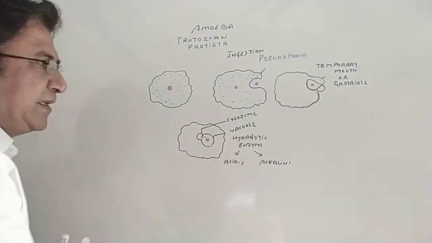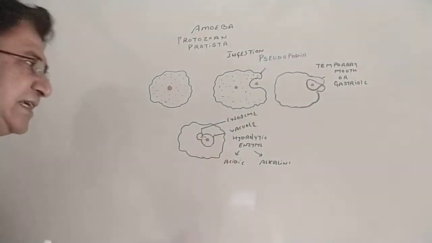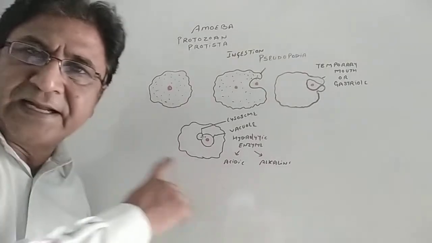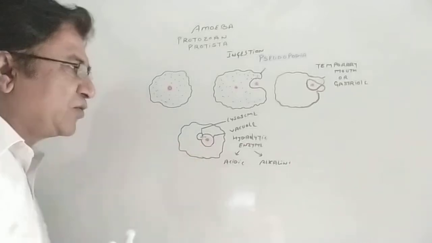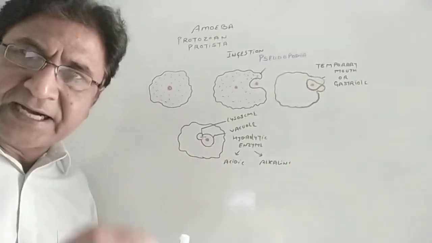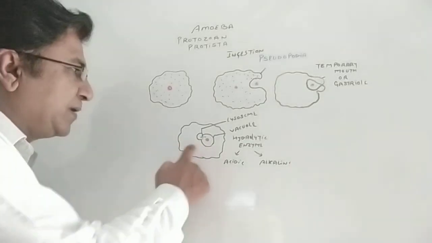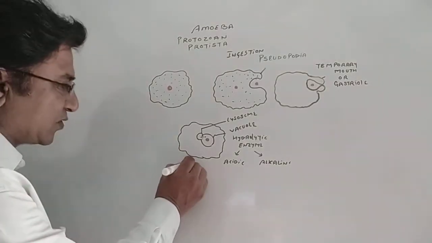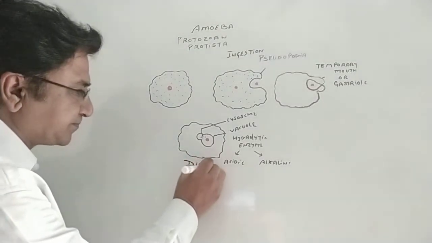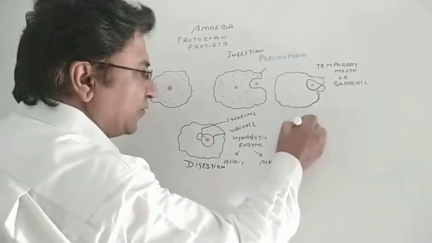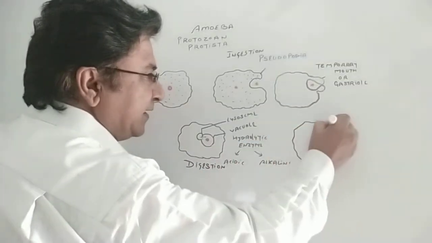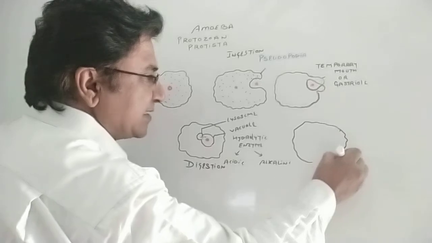Now, the food material in the vacuole is present inside the cell where lysosome is present. Lysosome releases hydrolytic enzymes. These hydrolytic enzymes break the complex food into the simplest one, and that is called digestion. Right? Now, cytoplasmic contents are already present.